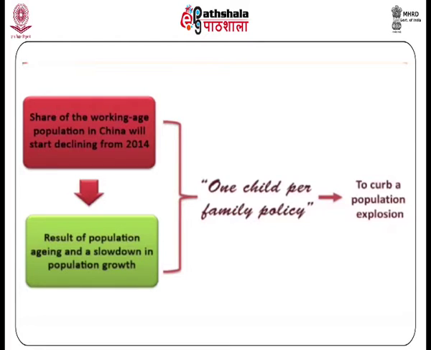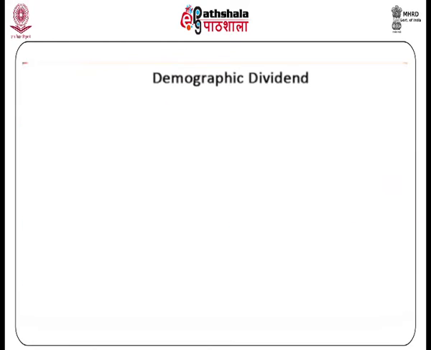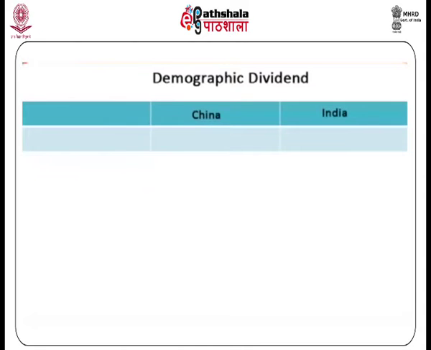China will also experience rapid aging. Meanwhile, the share of the working age population will continue rising in India, owing to its young and growing population. The different demographic trends have important implications for China and India.